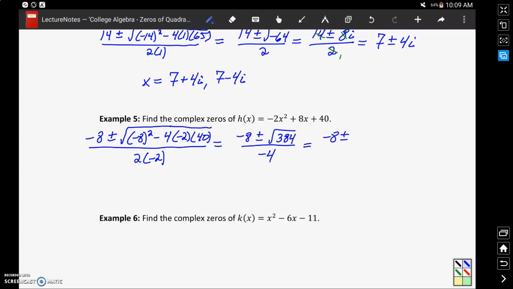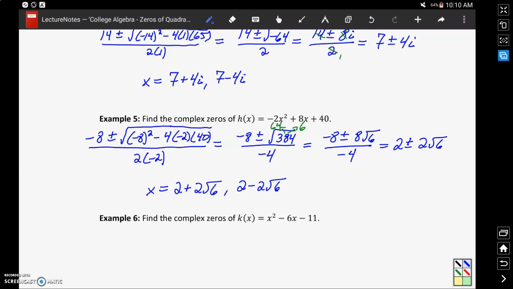We can break 384 into the factors 64 and 6, which means we can break that radical down into 8 times the square root of 6 all over negative 4. And then we can reduce with that value that we have in the denominator to get 2 plus or minus 2 root 6. In this case then, we have two zeros again. But in this case, they're both real numbers with no imaginary component.